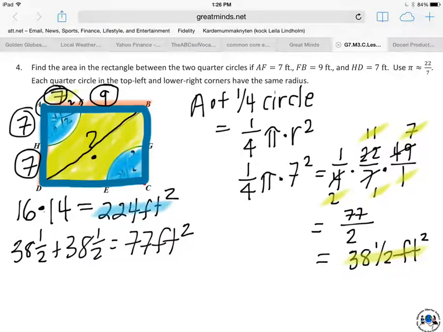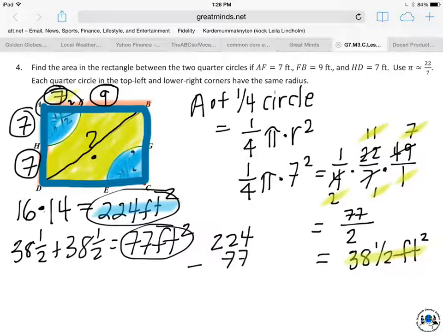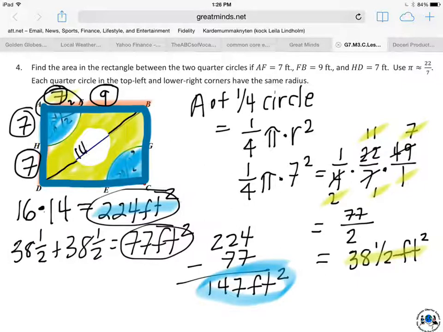If we multiply those, we end up with 224 square feet as the area of the entire rectangle. Take all of that, then subtract away those quarter circles, and you come up with 147 square feet. That would be the area of that kite-shaped space between the quarter circles.